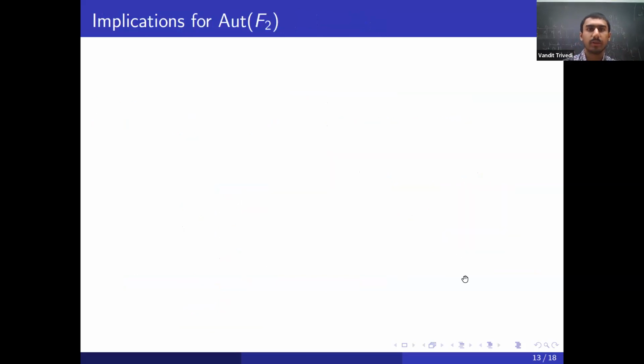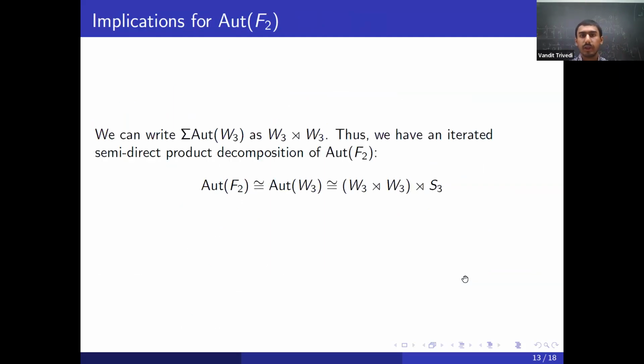All right. So what kind of implications does this have for Aut F2? Well, first thing is we had a presentation for Aut F2, which was perhaps not very intuitive, at least in terms of the relations. So we can now decompose Aut F2 in the way that we decompose Aut W3, which is as this semidirect product.